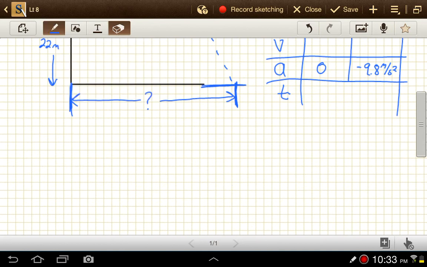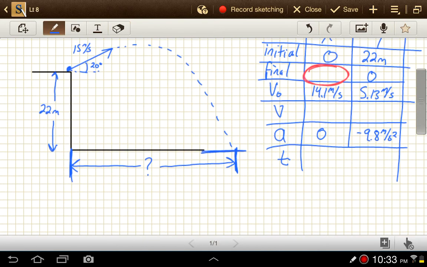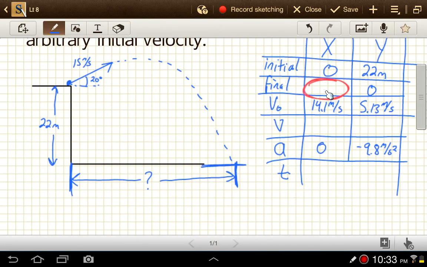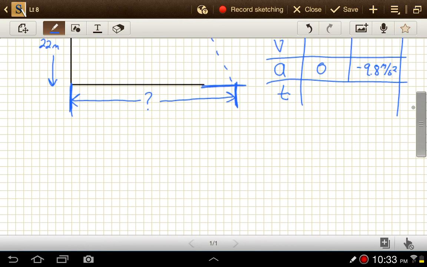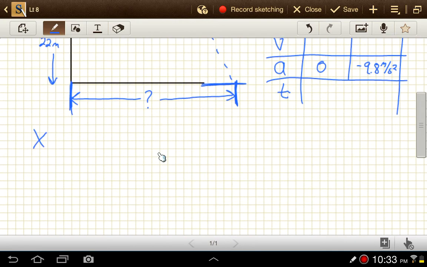Okay. So in the x direction, if I'm looking for the final x position, I've got x equals x naught plus v naught t plus 1/2 a t squared, all in the x direction.